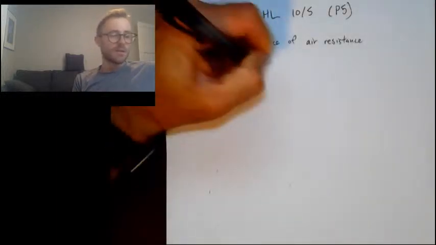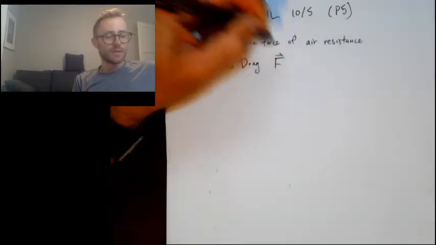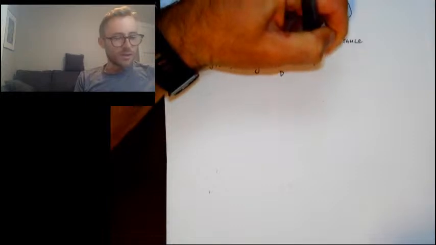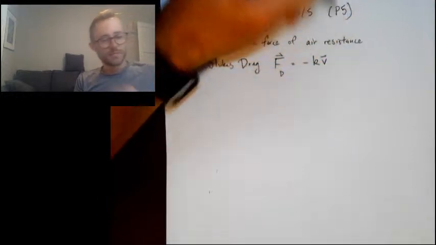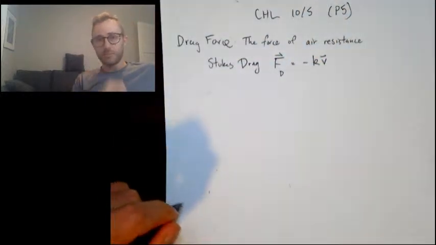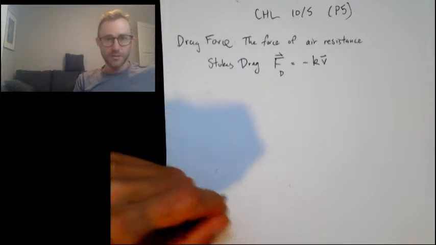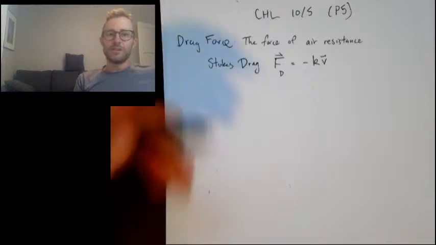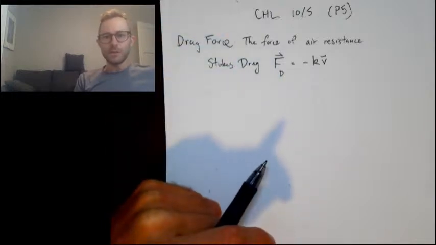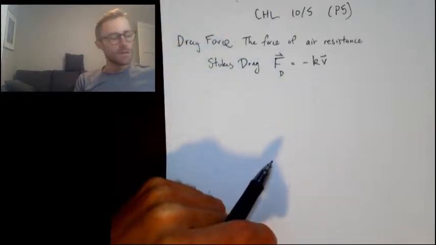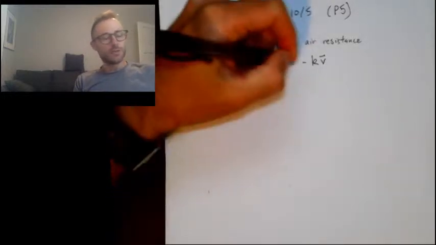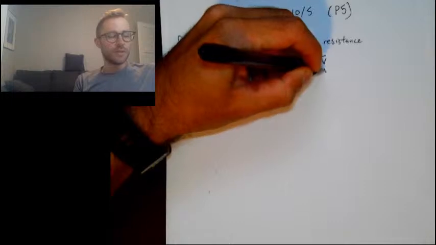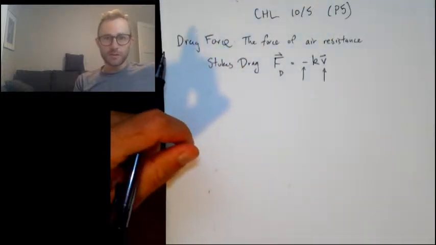And Stokes Drag says that the drag force is minus a constant times the velocity. So the drag force points in the opposite direction of the velocity, and it is linearly dependent on the velocity. So it's an oppositional force, and it is linearly dependent on the velocity.